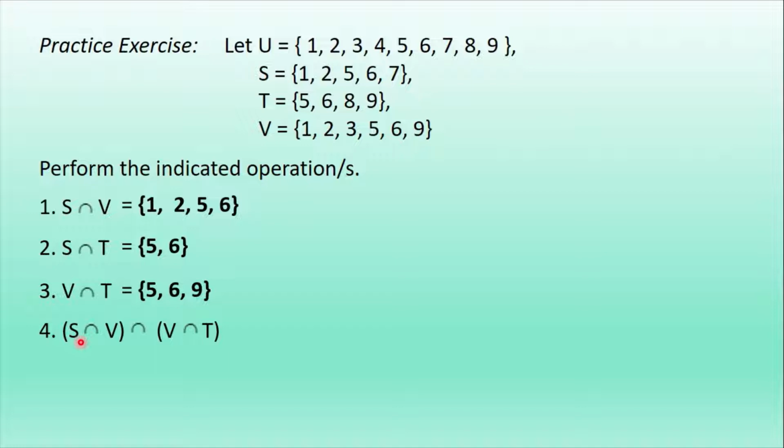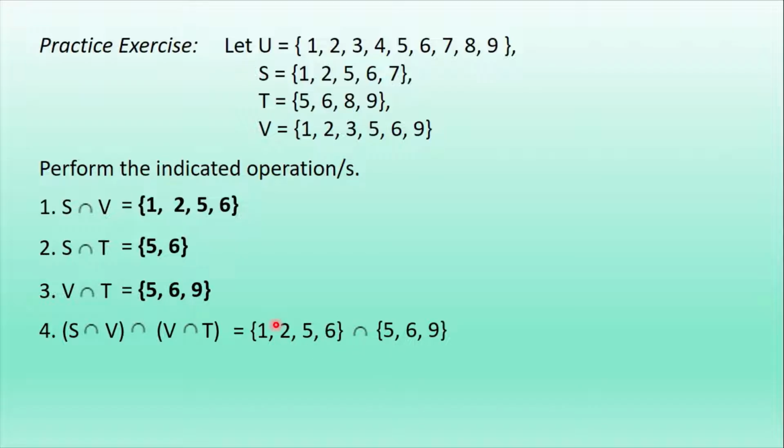So first, we have to take the intersection of S and B. Since we had that earlier, we just write the intersection of S and B is 0, 2, 5, 6, then write this operation, intersection, then perform this first because it's in parentheses. The intersection of B and T is already given, so we just have to write it.